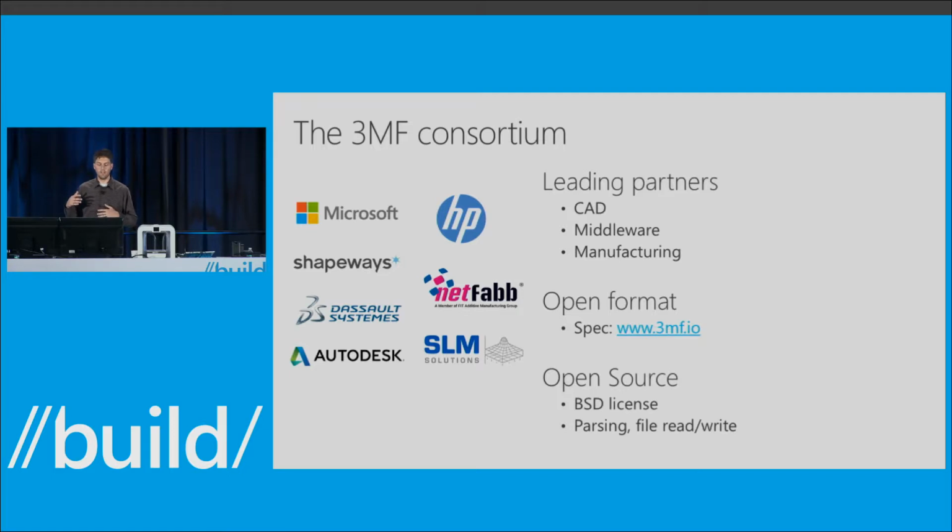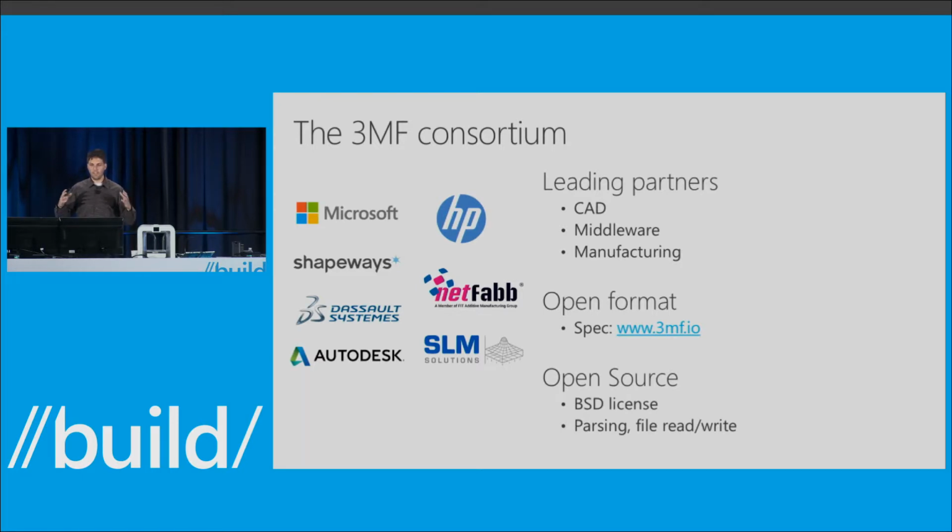We're talking to middleware companies that deal with readying models for print and for putting together, for instance, the workflows to make manufacturing possible. That's places like Shapeways and NetFab. And we're also looking at partners in manufacturing. So SLM Solutions makes metal printers. HP is getting into the printing industry now. Autodesk makes their own.